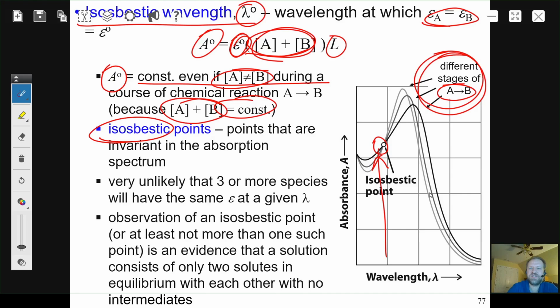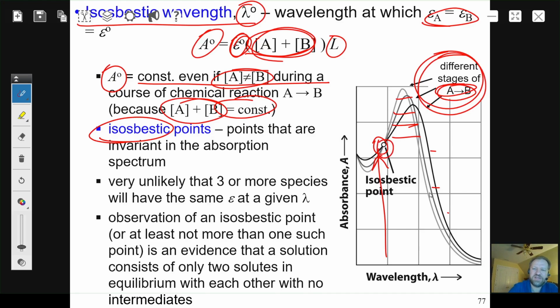At different stages of the chemical reaction where A is transformed into B, the absorbances everywhere else will be different, because the concentrations change and the molar absorption coefficients depend on the wavelength.